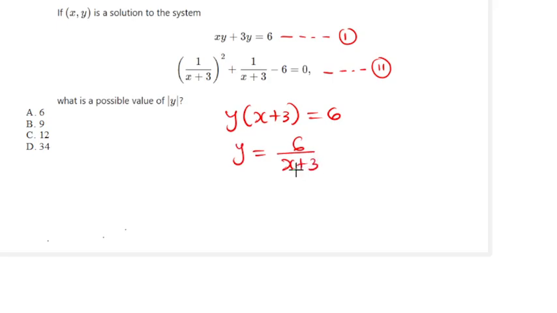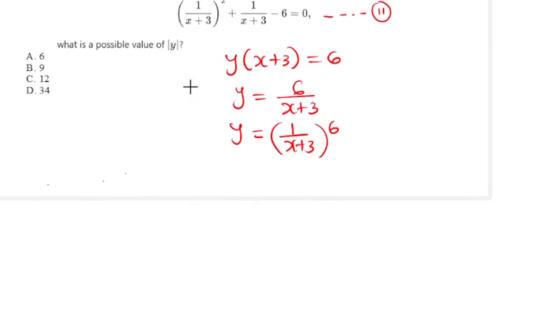Now, I think it will make sense if we express this as 1 over (x + 3), then let's keep this 6 outside, still multiplied by 6. Now we have 1 over (x + 3) here, and we also have 1 over (x + 3) in equation 2.